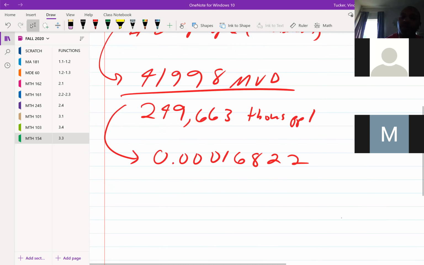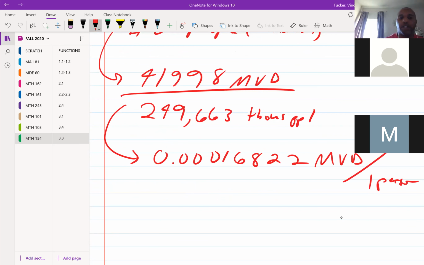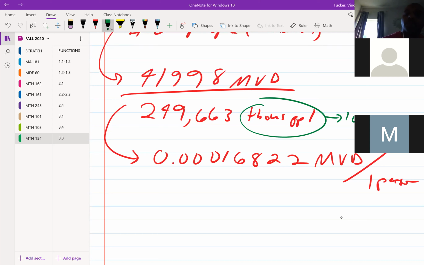So this represents MVD per one person, because once you divide by that 249,663, and since it's in thousands of people, I can replace this 1,000 people with 1,000.